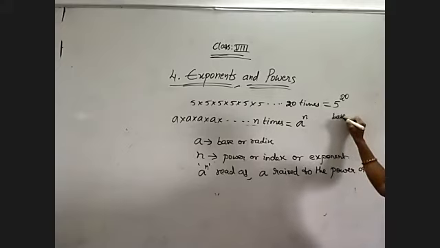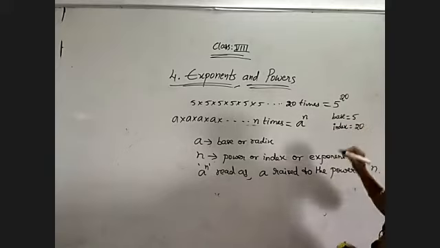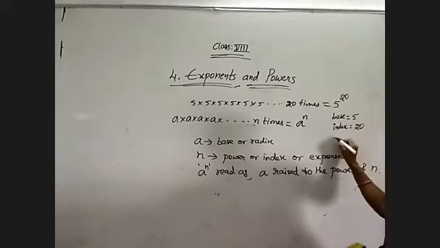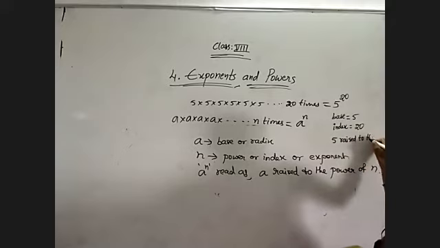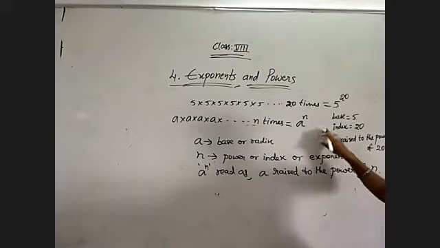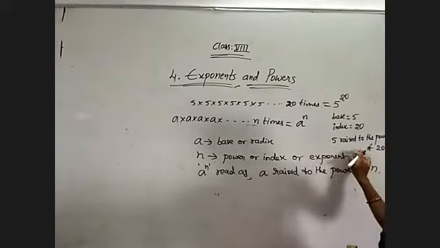The base of the exponential form is 5. And what is the index or exponent? That is equal to 20. And how are we reading that number? 5 raised to the power of 20. So this is about the exponential form, the different terms of the exponential form, and how we are reading the number.